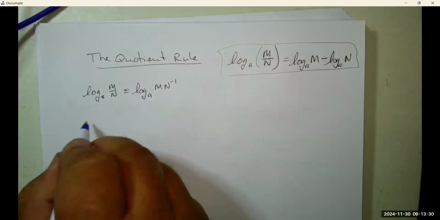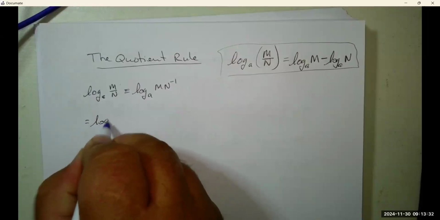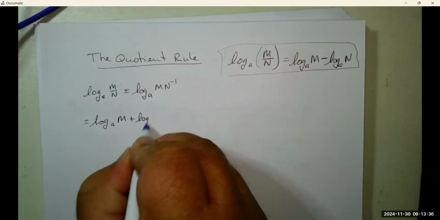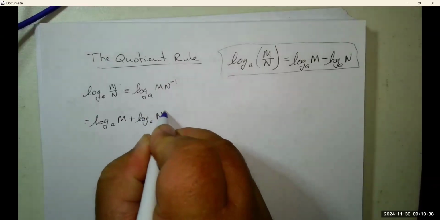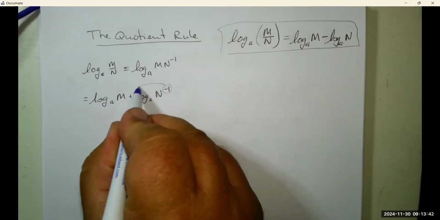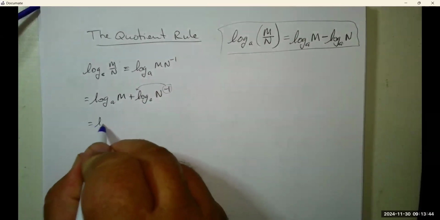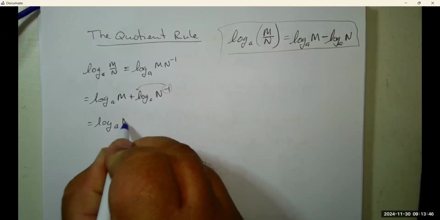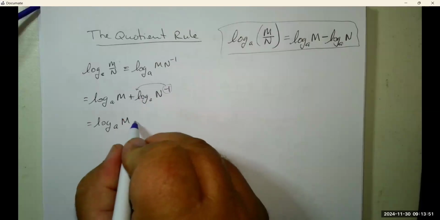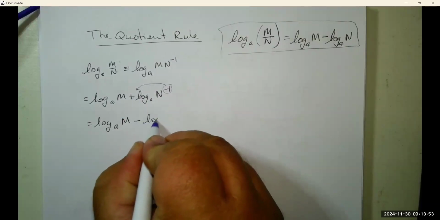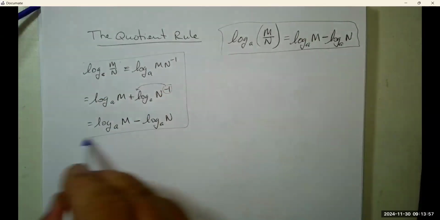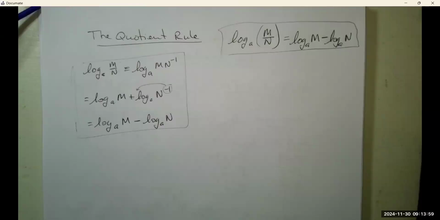It's a product, so I can use the product rule: log base a of m plus the log of n to the power -1. Can't have exponents, so that comes in front of that one. So we have log base a of m, and bringing the negative down, negative times positive is negative: log base a of n. So it's not really its own rule. It's a combination of the two other rules.